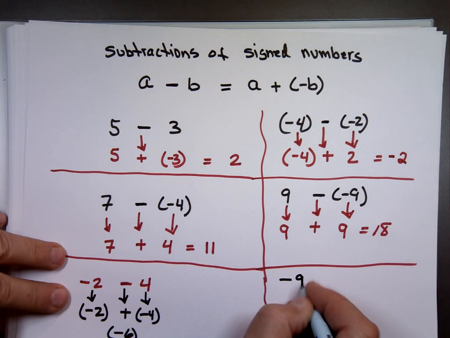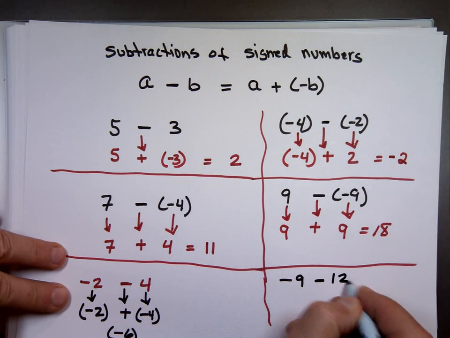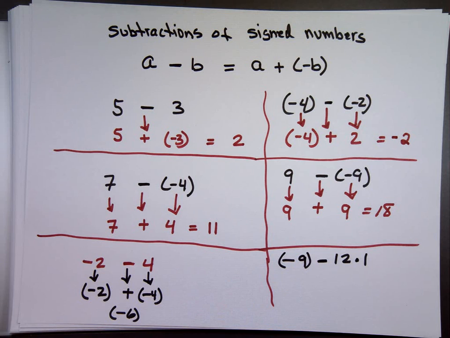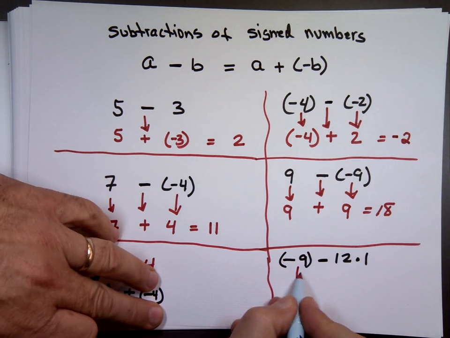Negative 9 minus 12.1. This will be, leave the first one alone, negative 9.